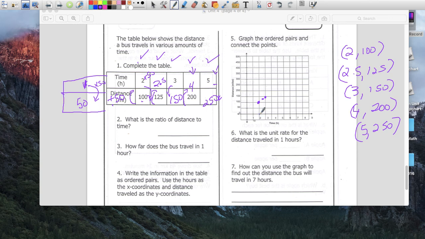Their numbers here are weird. I don't like how they wrote the numbers. 4 is this one. They did a horrible job, by the way, in labeling their numbers here at the bottom. See how on the y-axis, the 500 is right on this line, and meanwhile the numbers at the bottom here are in the middle of the box. It shouldn't be that way. 5 and 250. And here's your straight line.